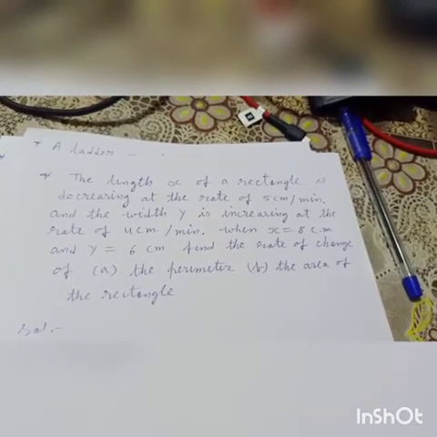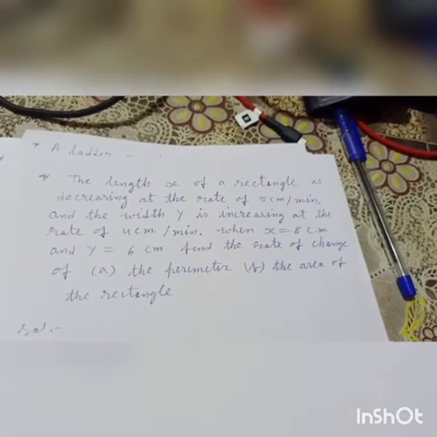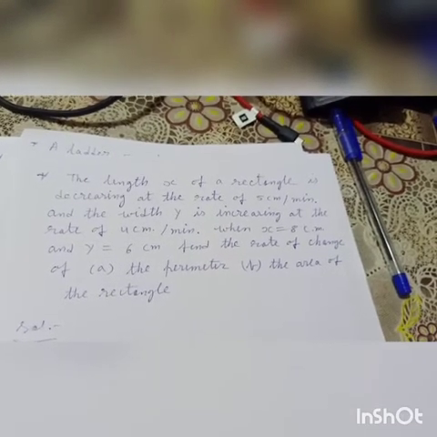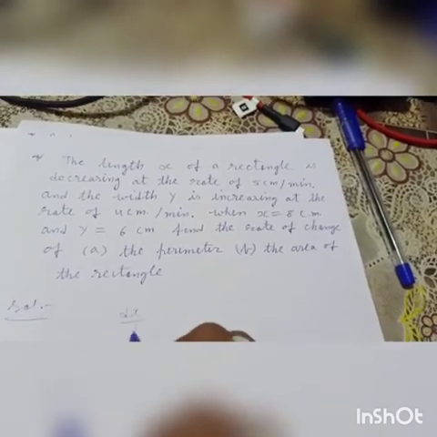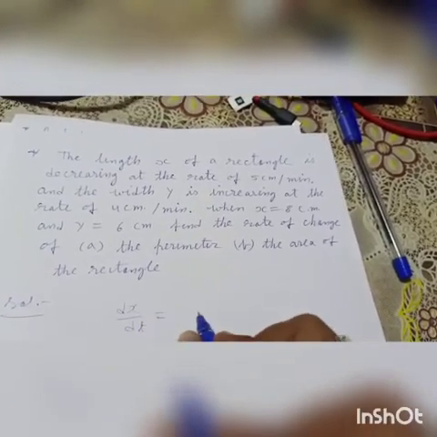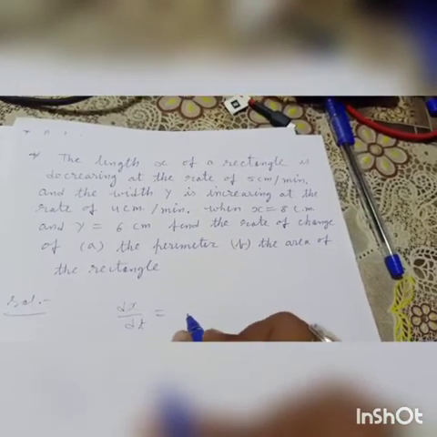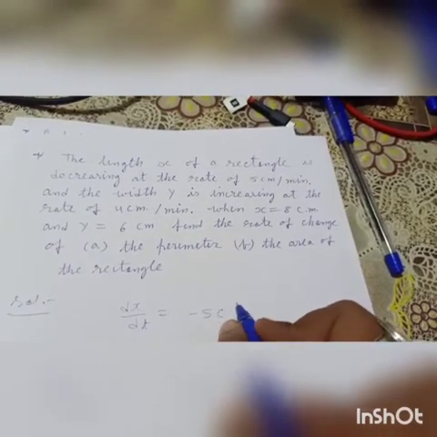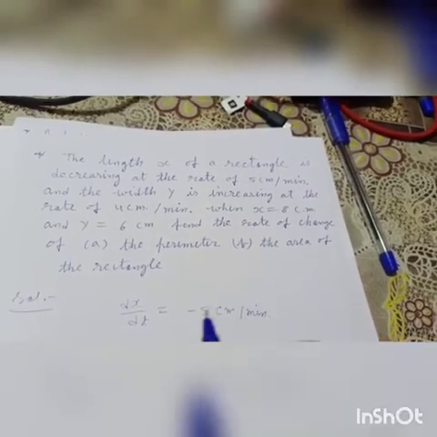Here it is said that length is decreasing at the rate of 5 centimeter per minute. The length x is decreasing. So we have given dx by dt is equals to, and since it is decreasing, then the rate will be negative, minus 5 centimeter per minute. Value of rate is negative.